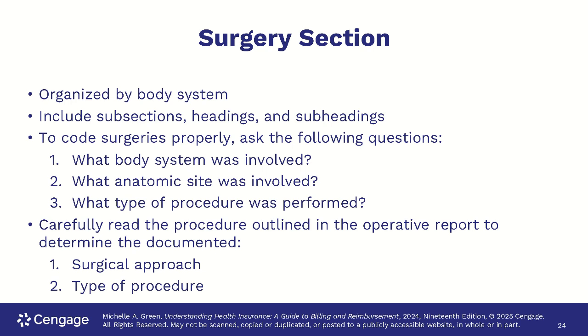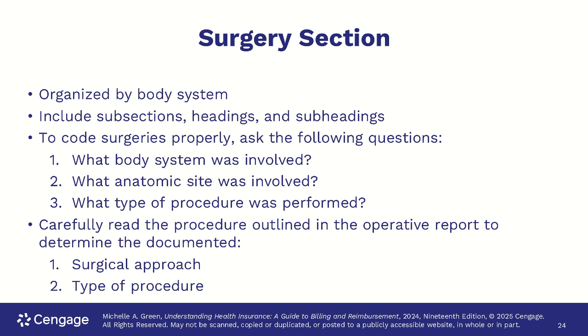On to the largest section of category one of the CPT manual, and this is the surgery section. Each subsection is organized by a specific organ or anatomic site, right? So I think there are like 11 subsections. Don't quote me. I can name them, then I could probably count them.